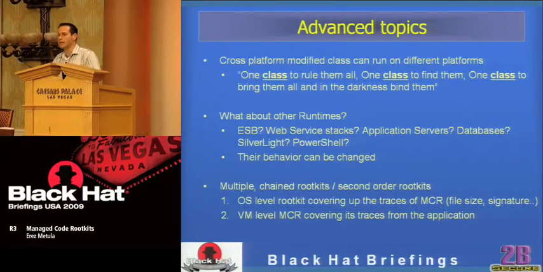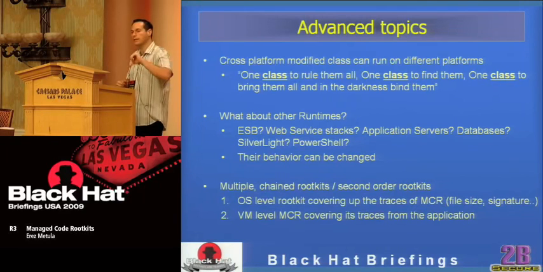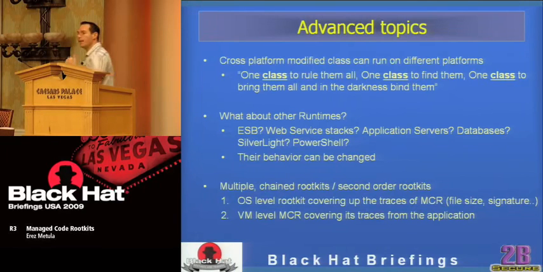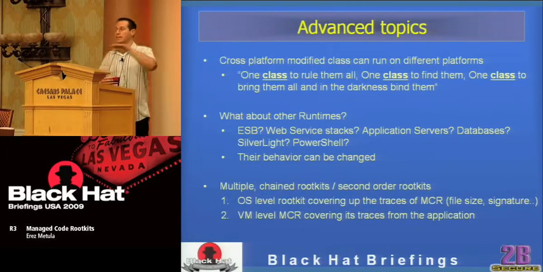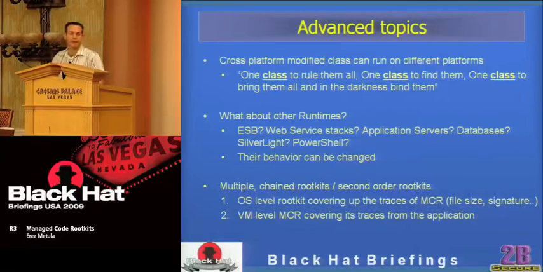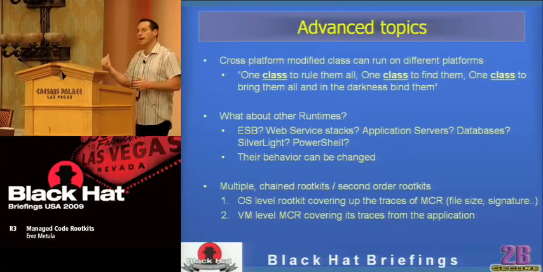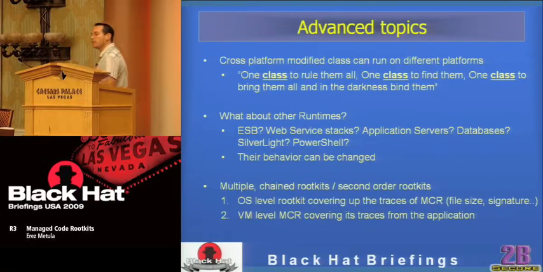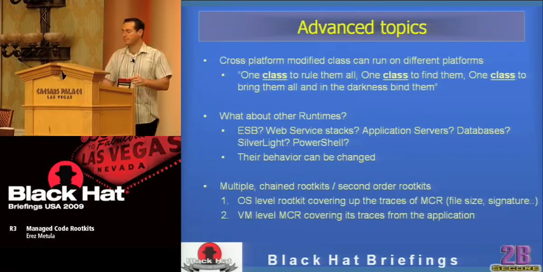Think about it. MCRs do not lie to the operating system. They lie to the application. But still, they have traces at the operating system level: file size changes, signature changes, stuff like that. But OS-level rootkits can cover up MCRs, and MCRs can cover up the traces from the application. This is the second-order level that we can achieve.